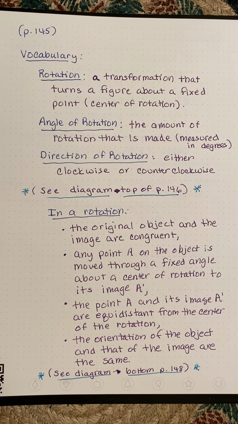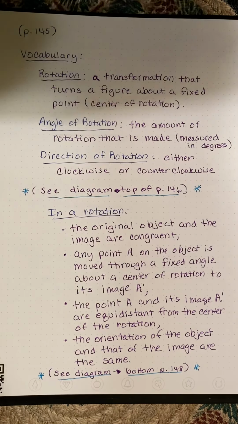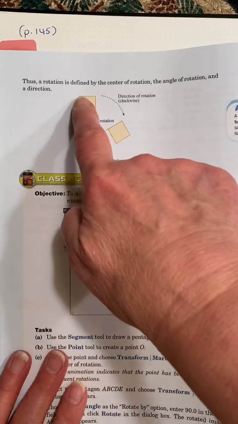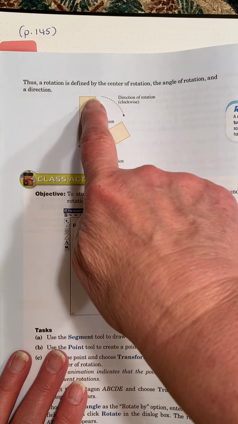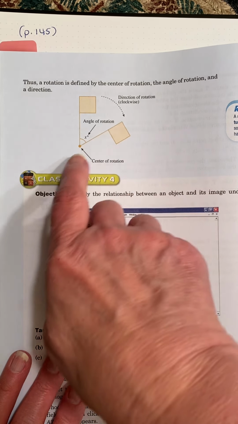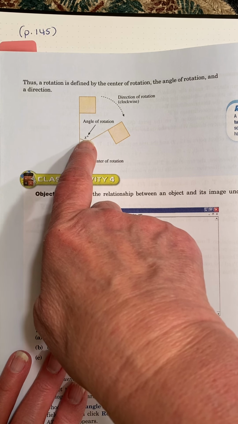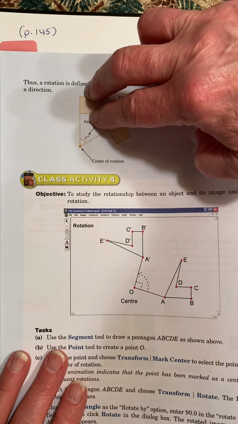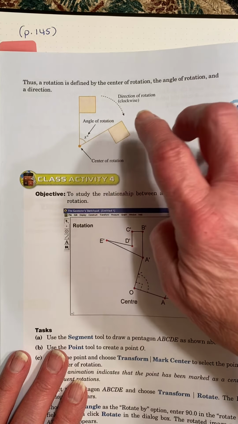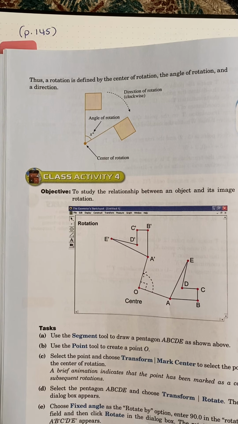You see a shape, and you see that the direction of this rotation is going clockwise. You see the center of rotation. It's going X amount of degrees, and this thing just keeps its shape, but it just kind of turns and ends there. So that basically is what a rotation looks like.